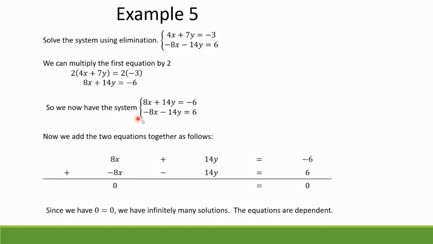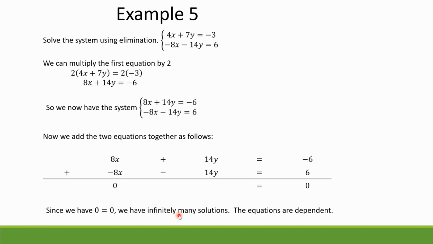Over here we have our new system. Okay, that's great. Well, let's add, although you can see what's going to happen. If we add together, we basically are going to kill off both variables. Namely, we're going to have 0 on the left, and we kill off the constants. So we get 0 on the right. So in other words, after we add, we're going to get 0 equals 0. And we saw what happens in this case.